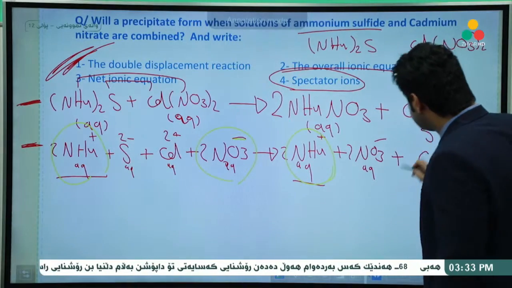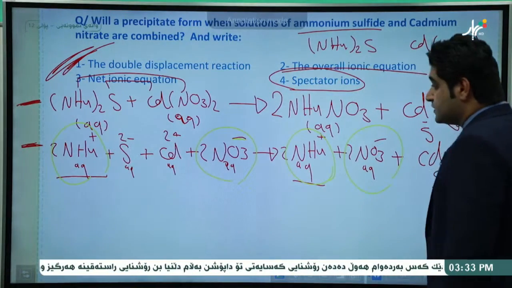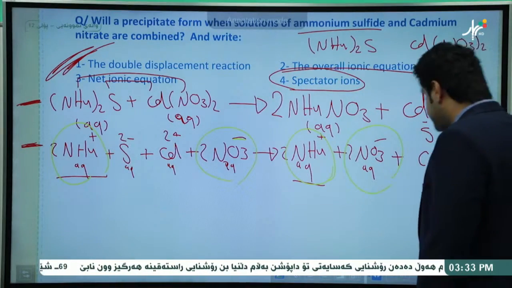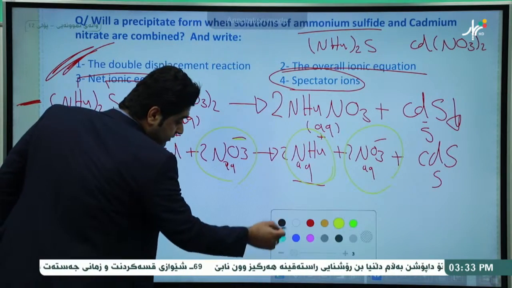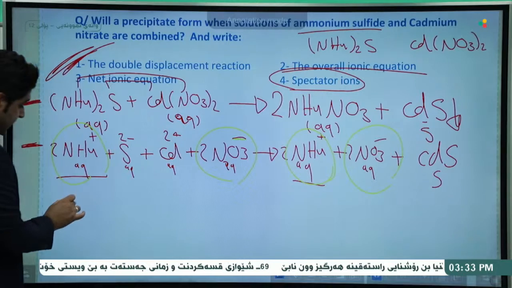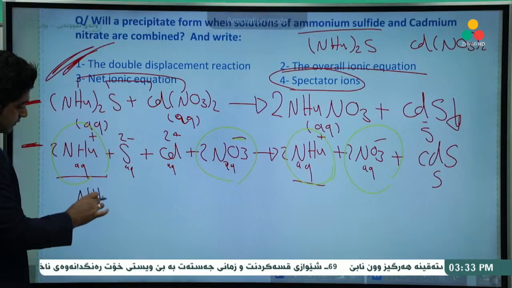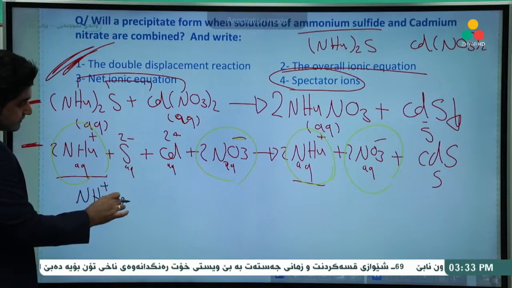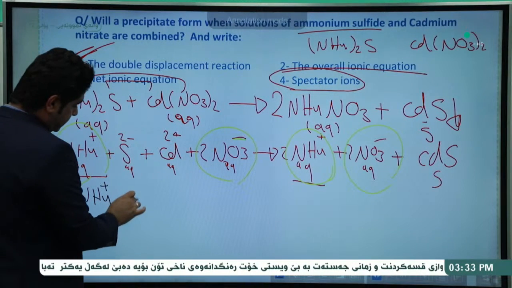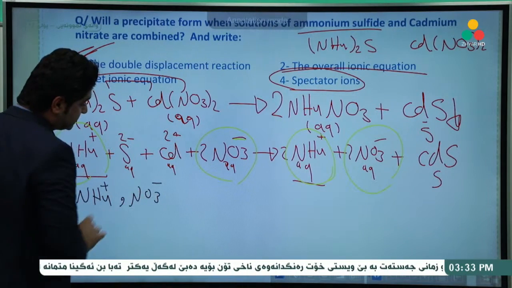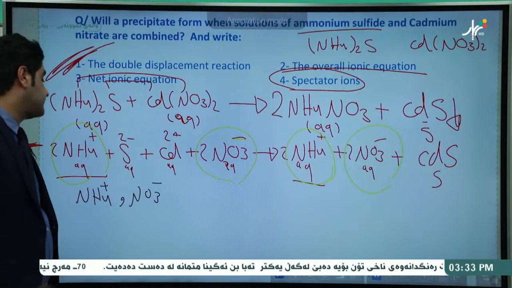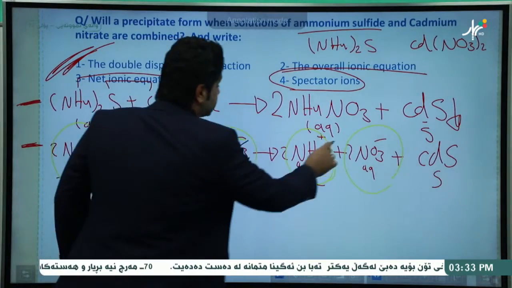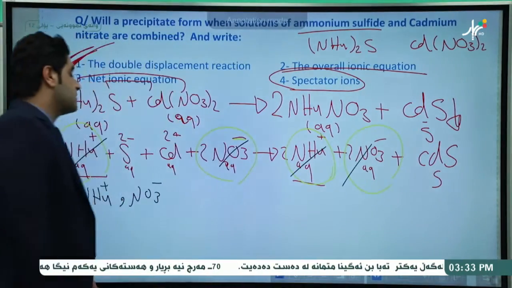Also in here we get negative NO3. So these are spectator ions. The spectators are NH4 and NO3. So they are spectator ions. What about the net ionic equation after cancelling the spectator ions?